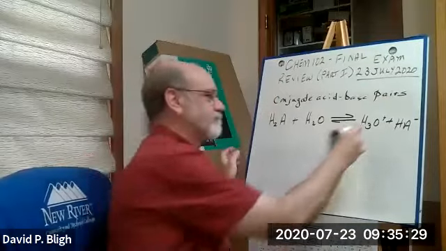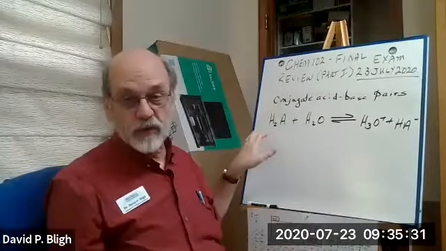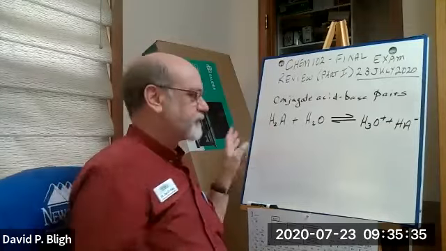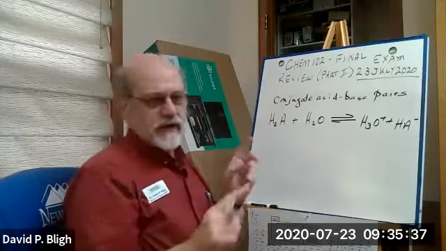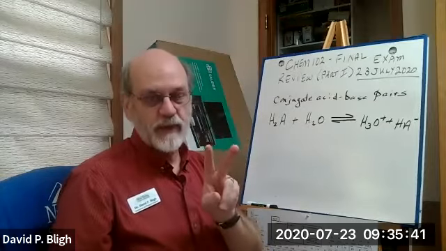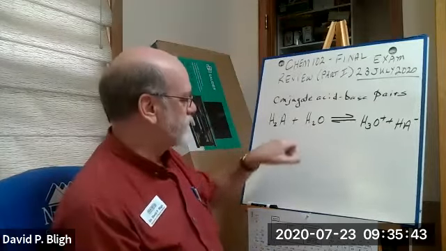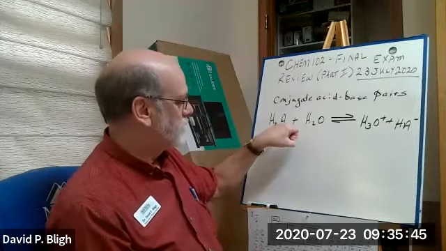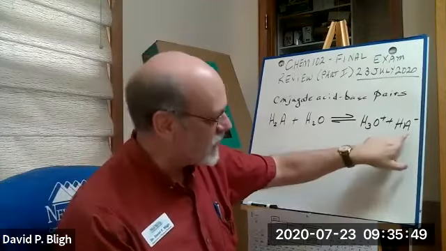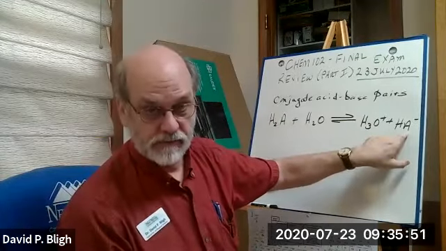Now I chose an acid with two dissociable protons for a reason, because there are two defining principles for an acid-base pair. One is that A has to be the same A on both sides.